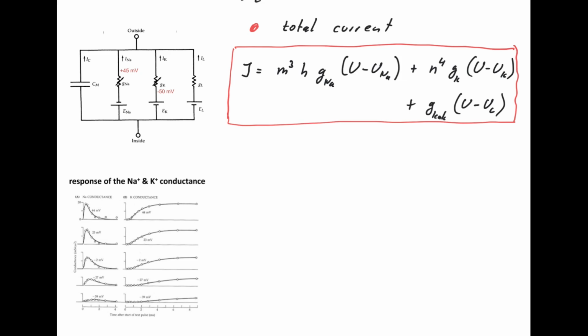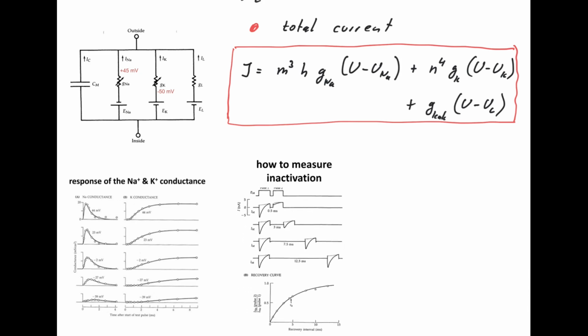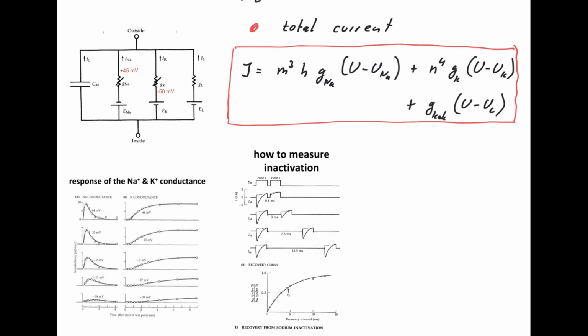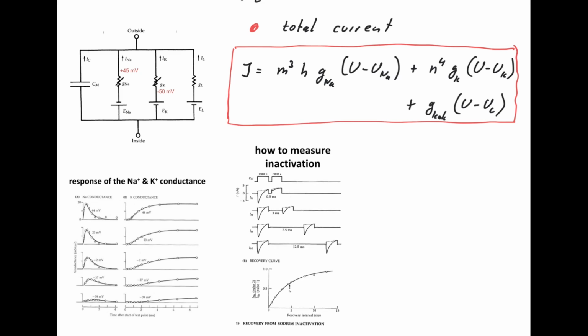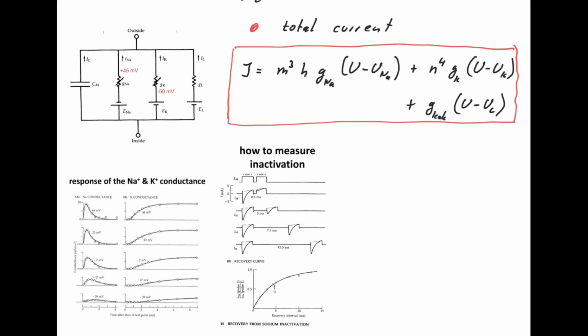The information on the inactivation you obtain by an experiment where you give 2 pulses at short interpulse distances, and then look at the action potential, and you will find that there is a gap during which the current cannot be changed anymore, and the ion channels are inactive.